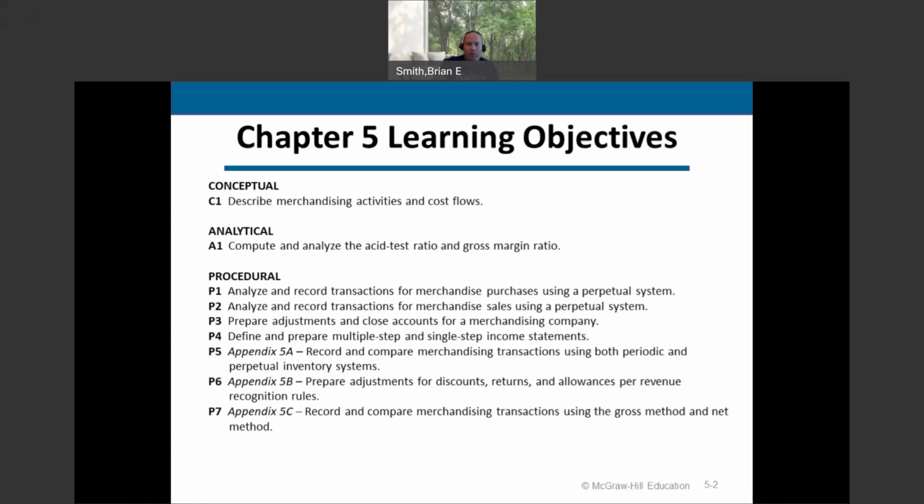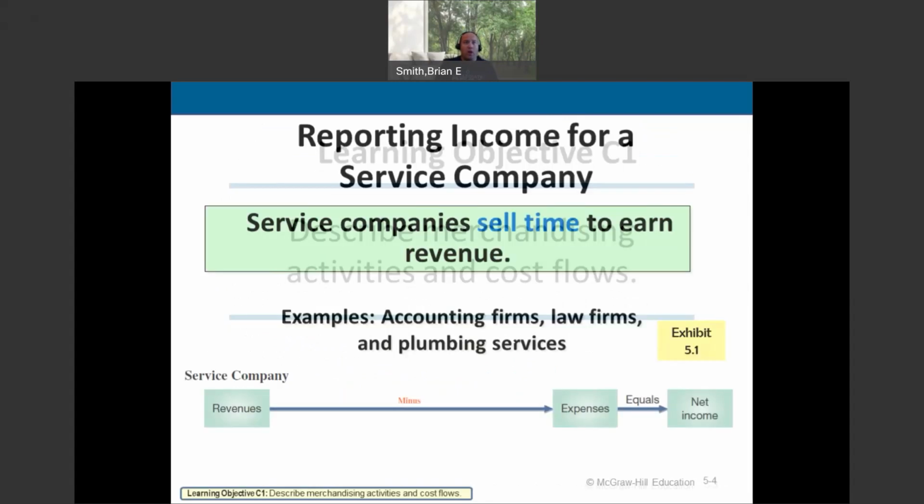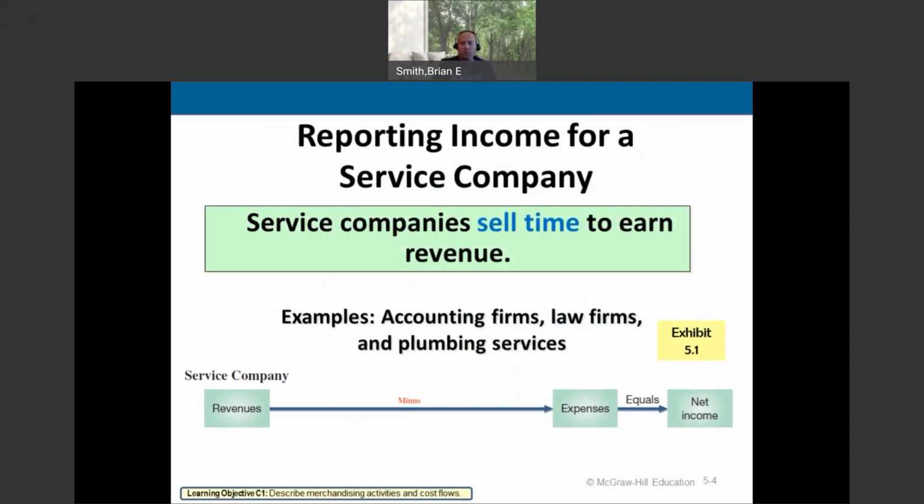All right, here are your learning objectives. Describe merchandising activities and cost flows, what we're going to do first. When we're dealing with our service companies like we did in chapters 2 through 4, our focus was creating revenues, subtracting out our expenses, and giving us our net income.